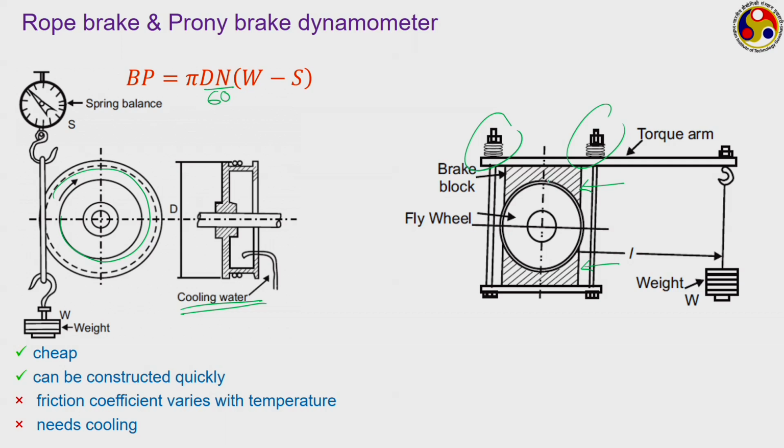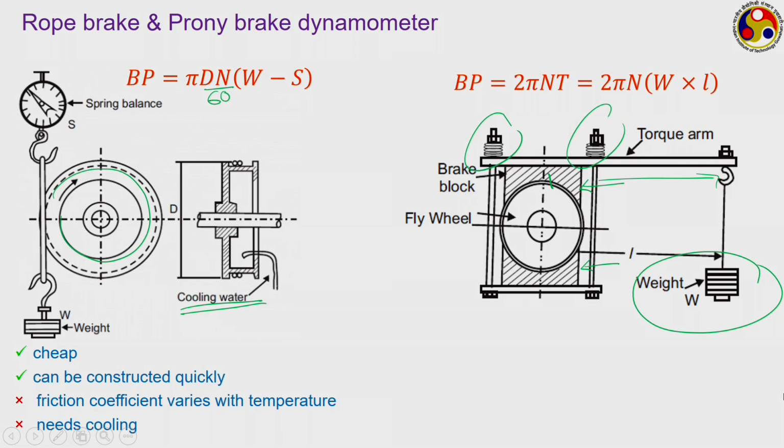Generally, we have helical springs located somewhere here between the upper block and the flywheel, to control the speed at which the brake is being applied on this, and then we have the torque arm, the lever based systems on which we are putting this weight. So, using the value of this W, we can get a measurement about the total force, or rather total power that is getting dissipated, and also corresponding value of torque. This is the way we generally measure this one. The brake power will be 2 pi N T, again it should be N by 60.